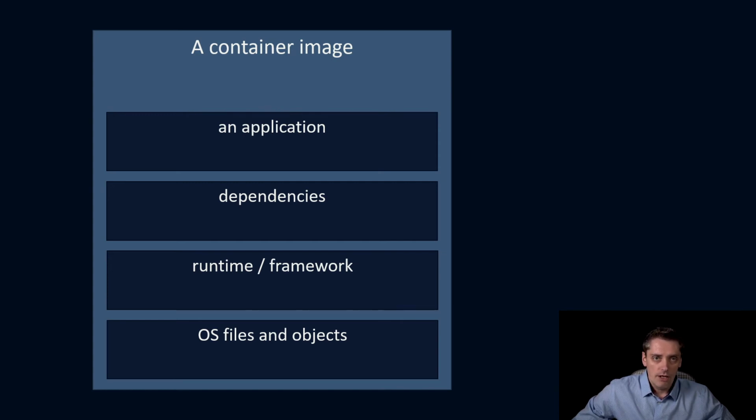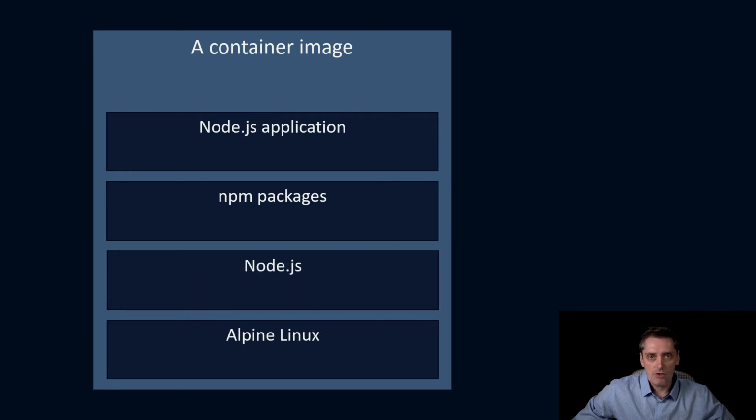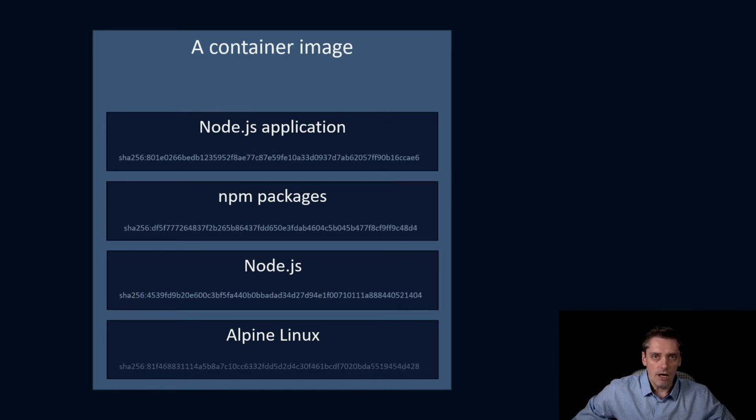For example, if you look at the container image that is built for a Node.js application, it might contain an application layer, npm packages layer, Node.js runtime layer, and Alpine Linux OS files and objects layers. Each layer has its unique ID, which is in fact a hash generated from its content.